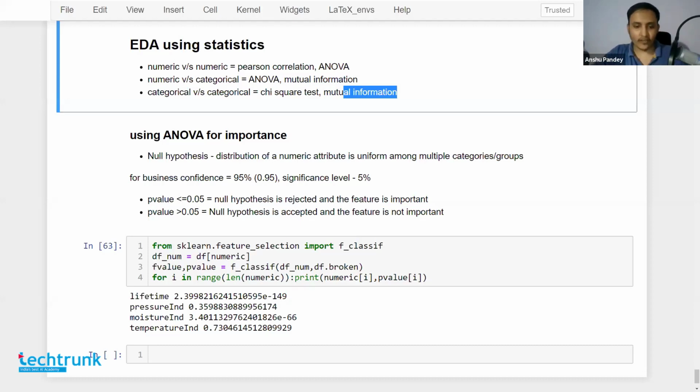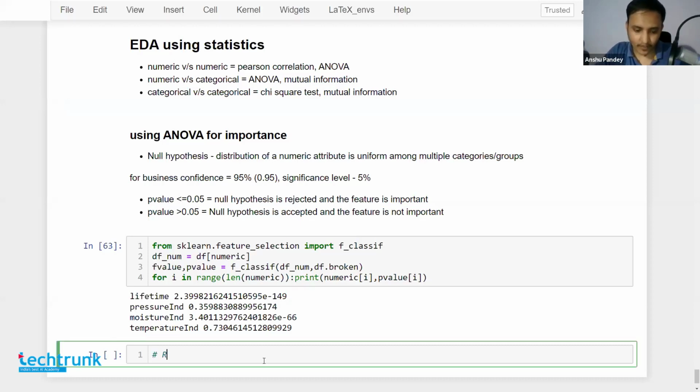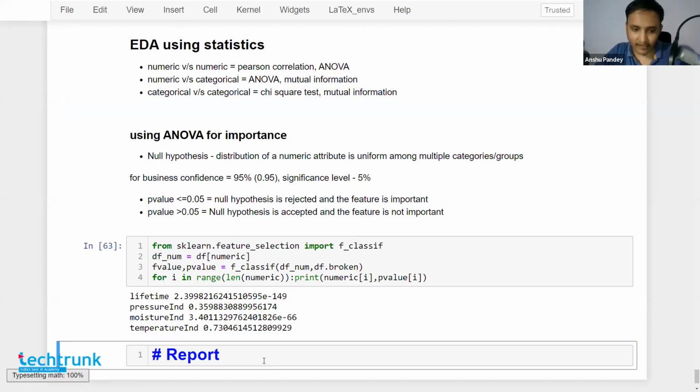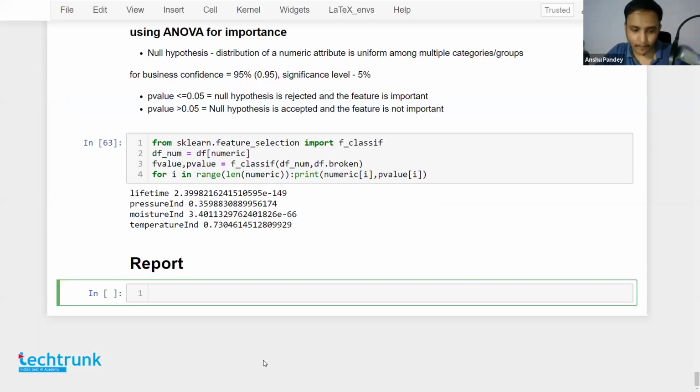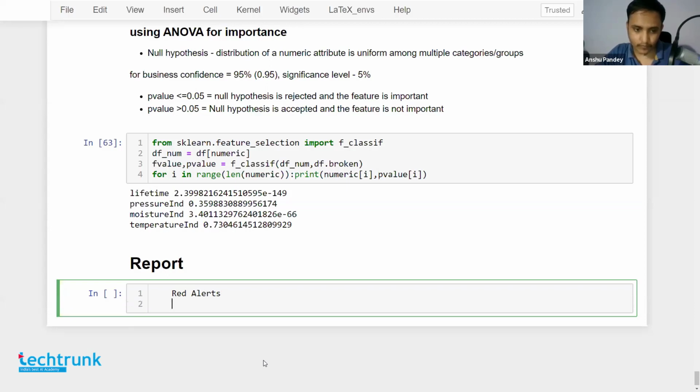Okay. So finally, the report part. We may want to write some red alerts, which could be: machines having age higher than 60 months are damaged.